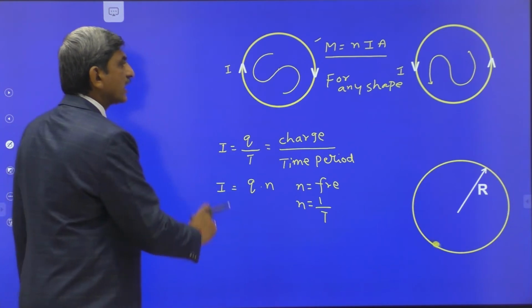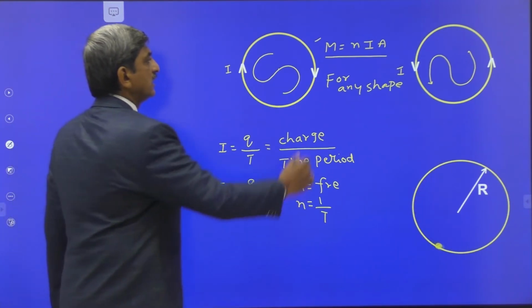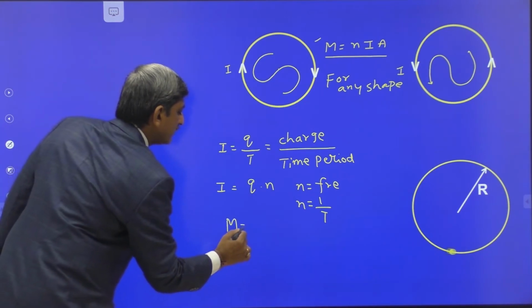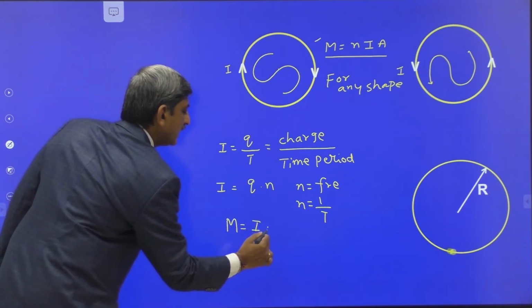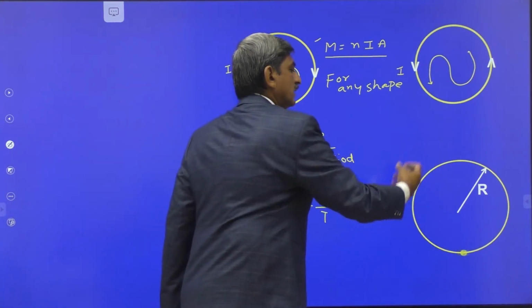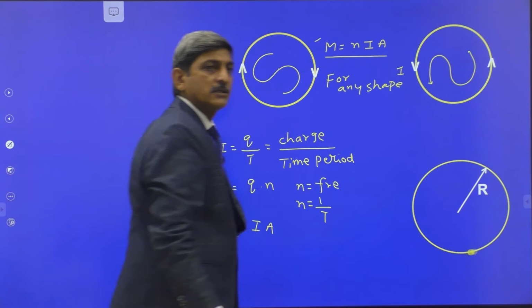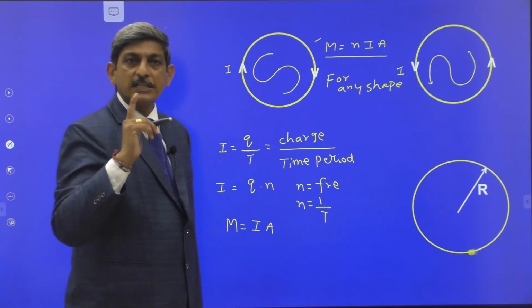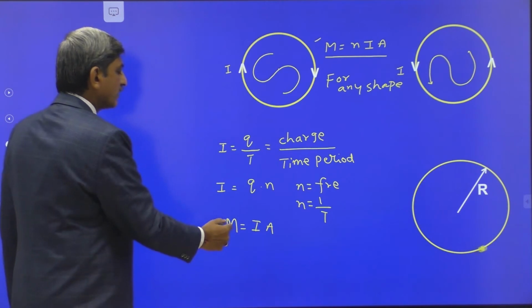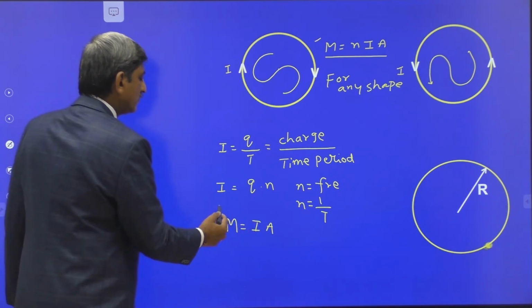Once we know the current equivalent of the rotating charge, the magnetic moment can be determined by the formula M is equal to IA. Why? Because here there is no coil, there are no turns, so we simply consider the number of turns equal to 1, and we write the equation as M is equal to IA.